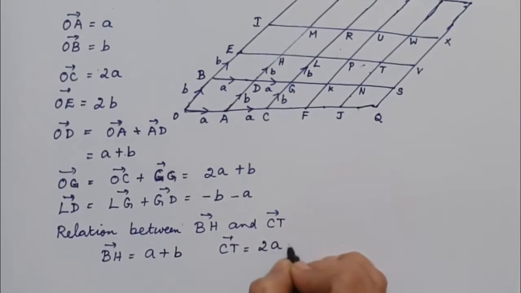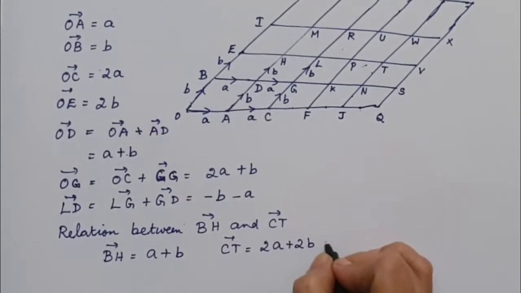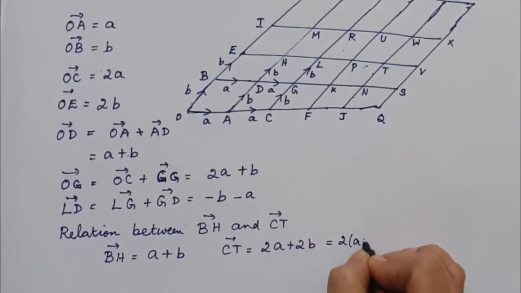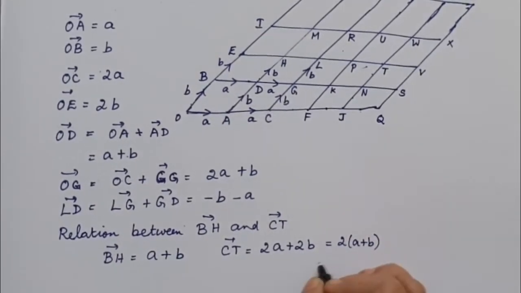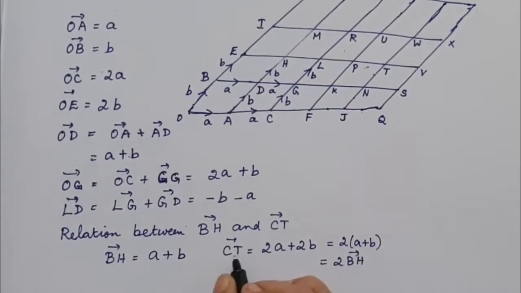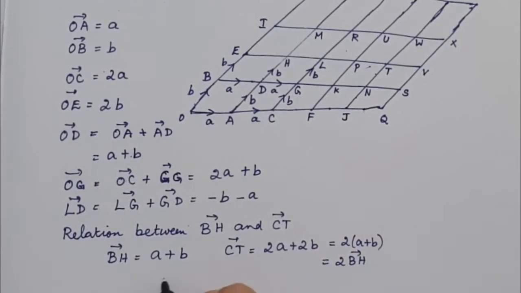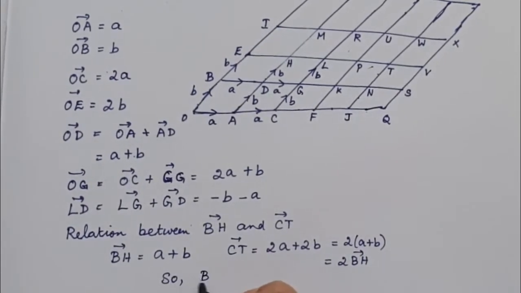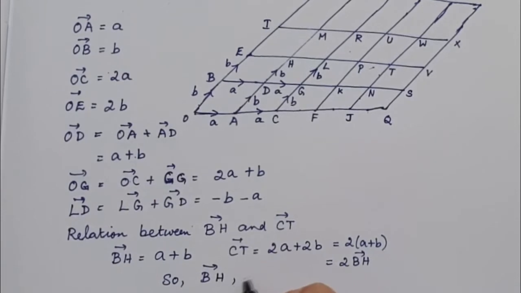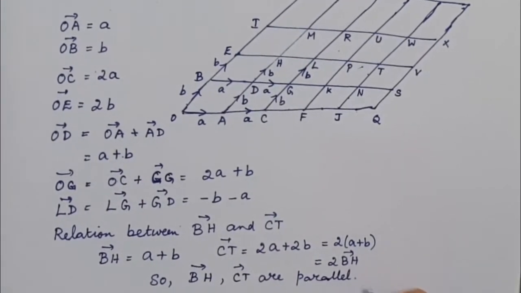So it will be 2A plus 2B. So now if you take this as common, 2 times A plus B, that will be equal to twice the vector BH. So CT will be equal to 2 times the vector BH. So vector BH and vector CT are parallel to each other.